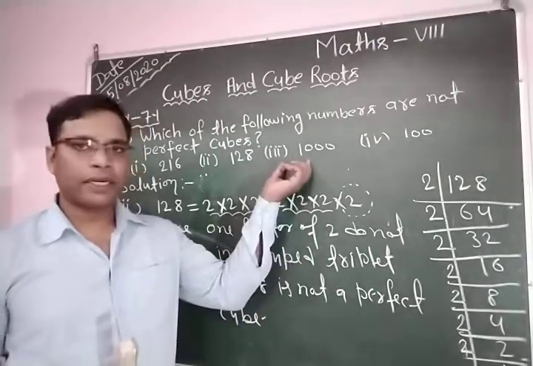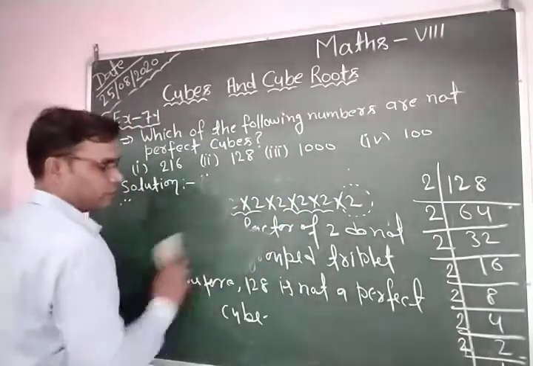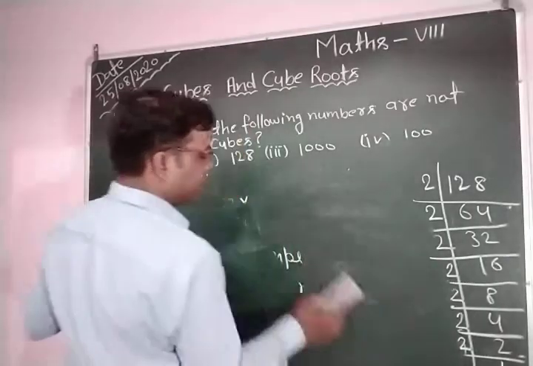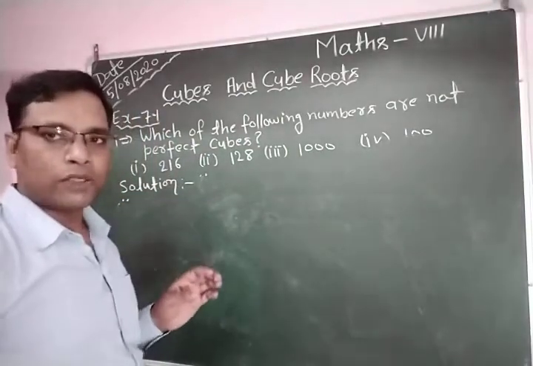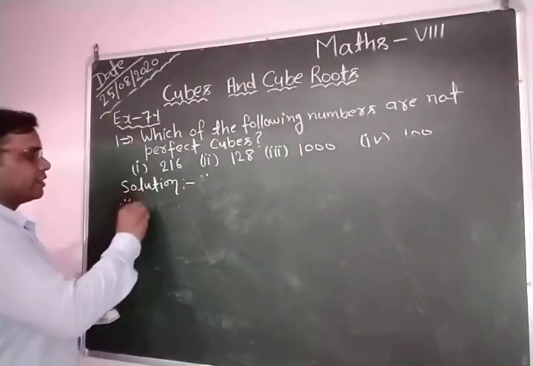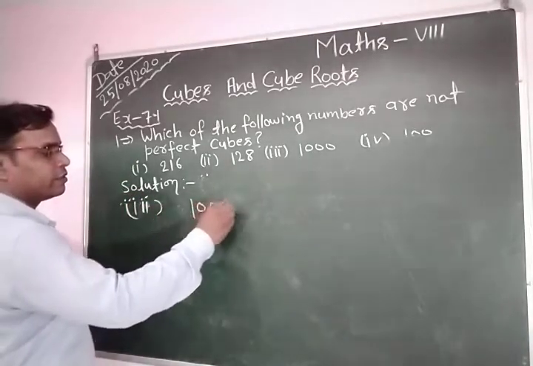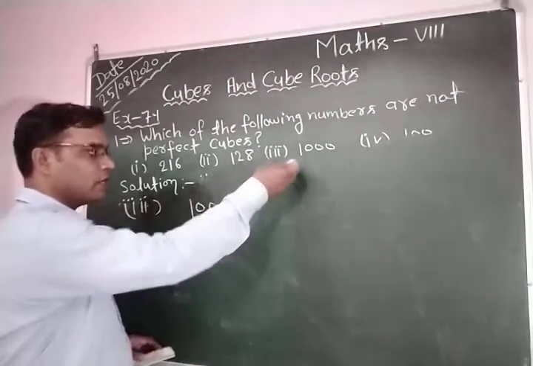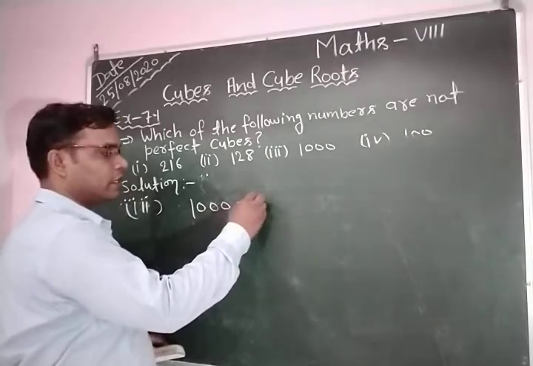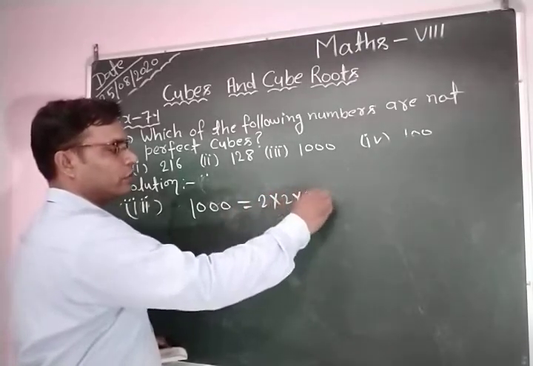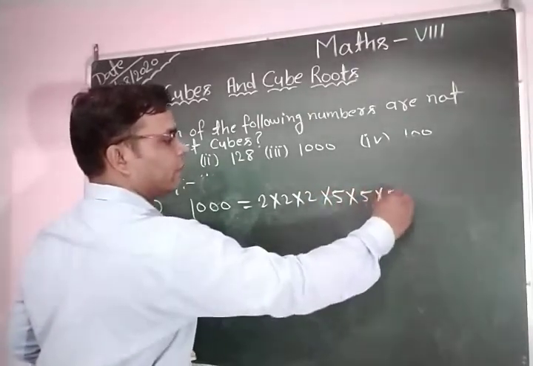Now the third part of this question is 1000. So we need to find whether 1000 is a perfect cube or not. First you write 1000 as the product of prime factors. The prime factors of this number are 2 into 2 into 2 into 5 into 5 into 5.